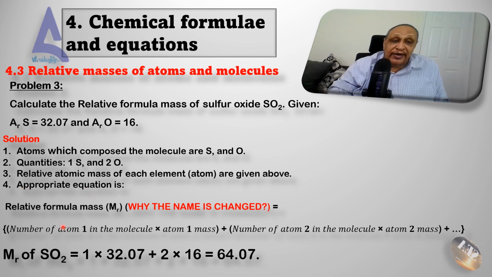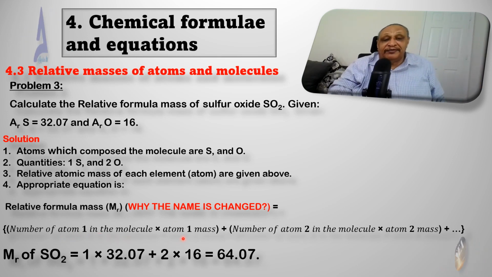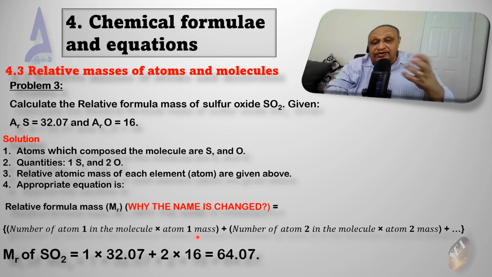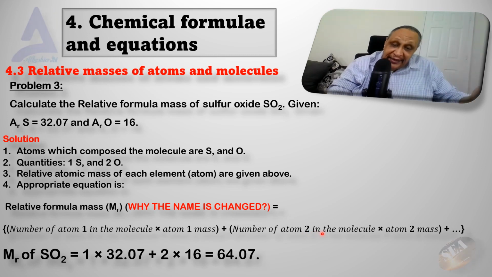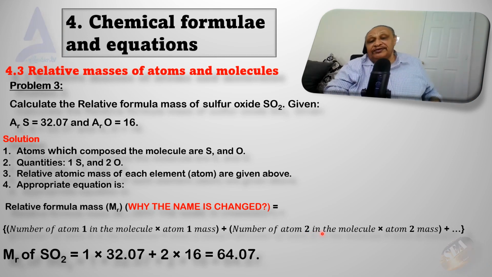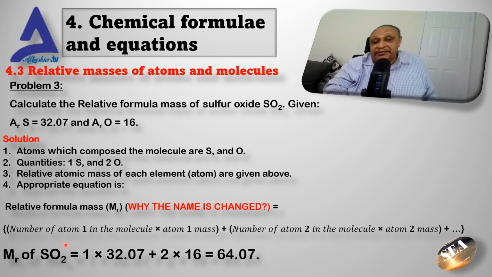The appropriate equation is the number of atom 1 in the molecule, how many, multiplied by the atomic mass, plus the number of atom 2 in the molecule multiplied by its mass, and so on. Here, because we have only 2 types of atoms, we just do the equation.